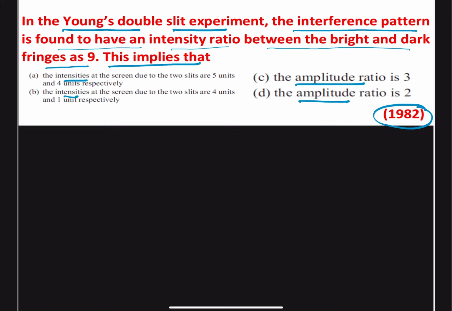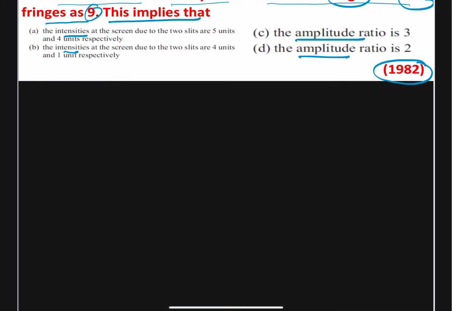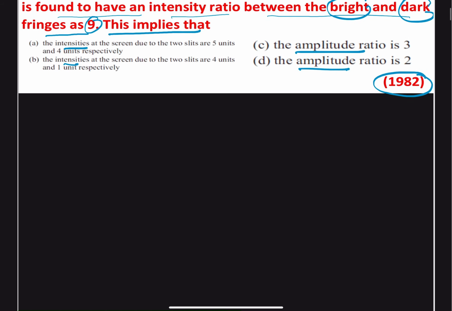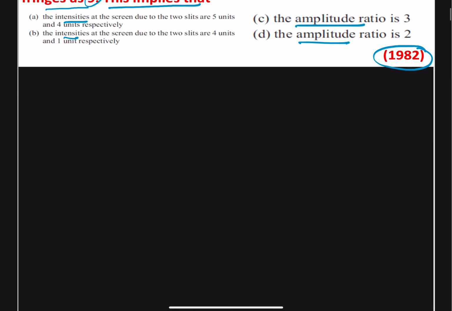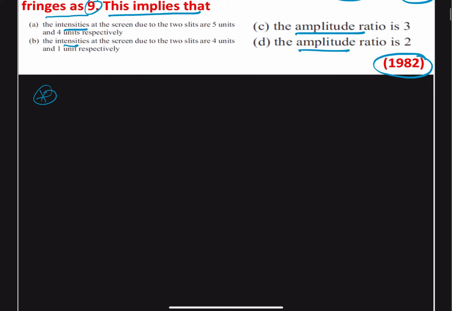We are given that the ratio of the bright and the dark is 9. So the ratio of the intensity maximum and intensity minimum is given as 9. We start from there: I maximum over I minimum is equal to 9.